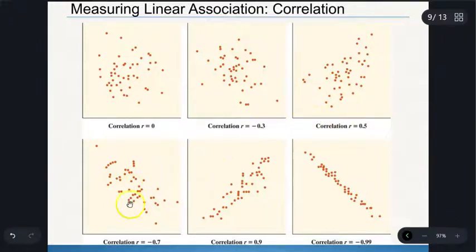That's positive. This is negative because as this one increases, this one is decreasing. You guys are tired of hearing that.